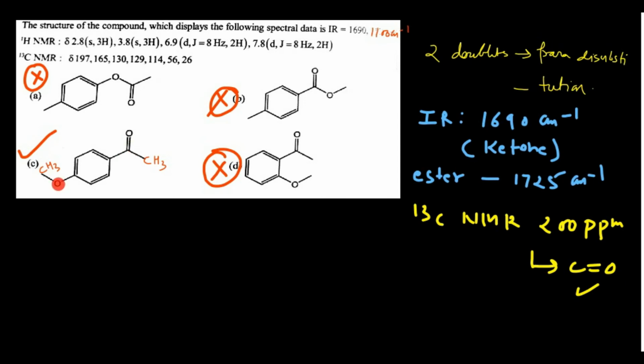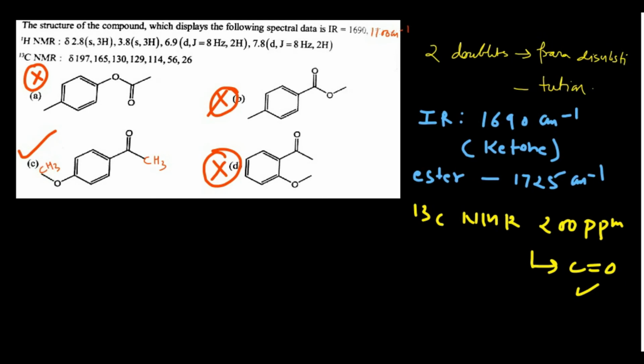So the oxygen is more electronegative, and it will de-shield these methyl protons. This carbonyl will de-shield these methyl protons, but not to the extent that would be done by the oxygen. So this should be downfield, but this should be farther downfield.